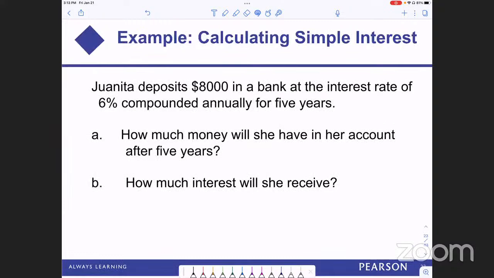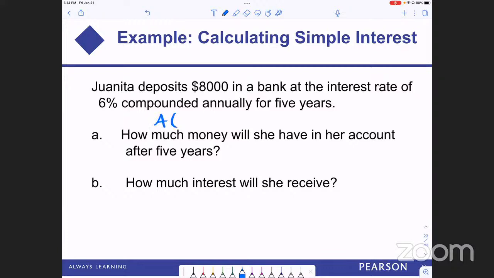When Nita deposited $8,000 to an account at an interest rate of 6%, compounded annually after 5 years. So it says compounded annually, right? So then the compound interest formula that we're doing right now, I think it goes like this.